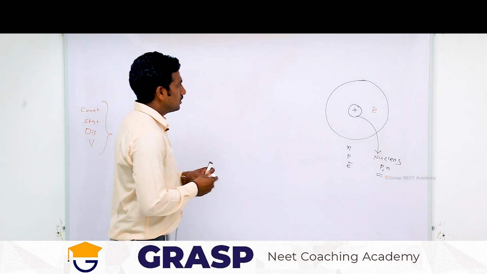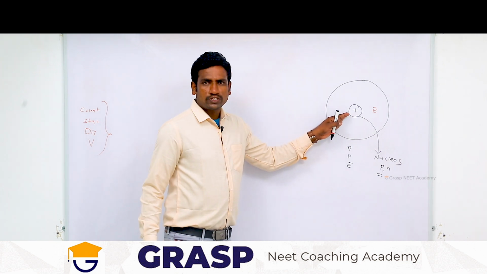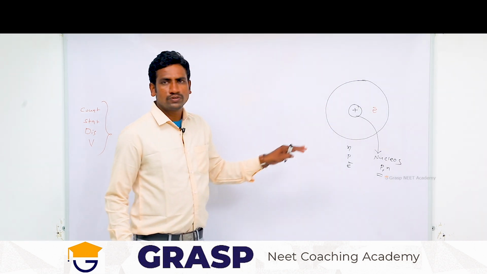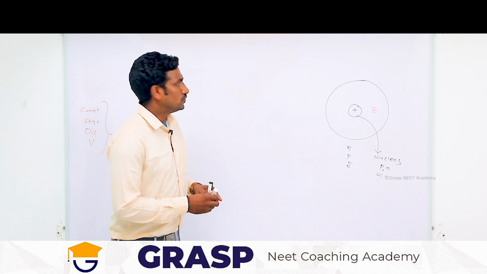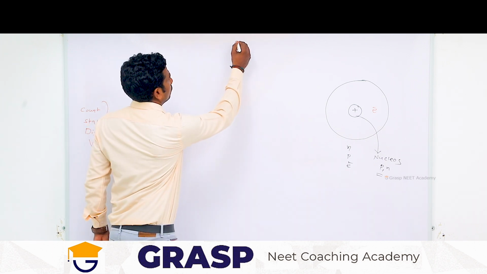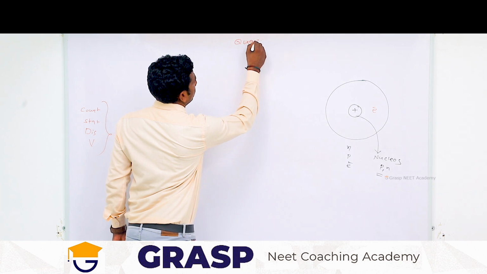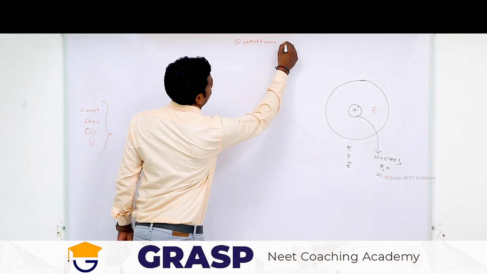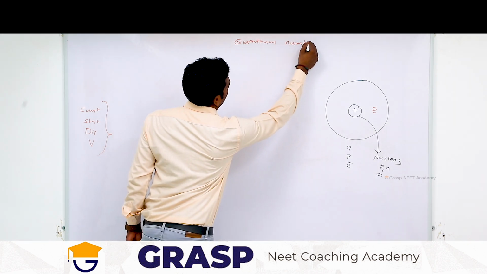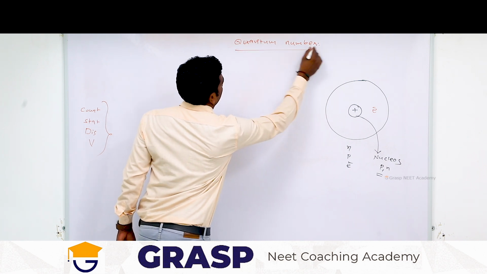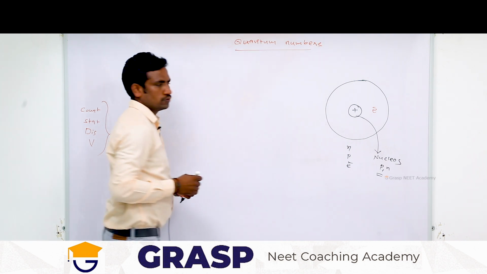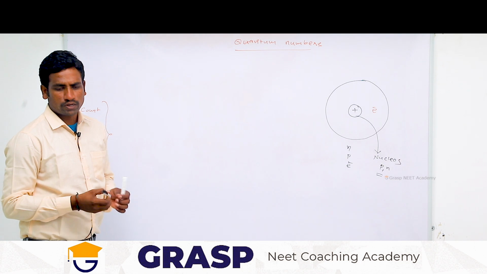Similarly, if you want to find where the electrons are present in this atom, you require quantum numbers. 4 quantum numbers are required. What are those 4 quantum numbers?